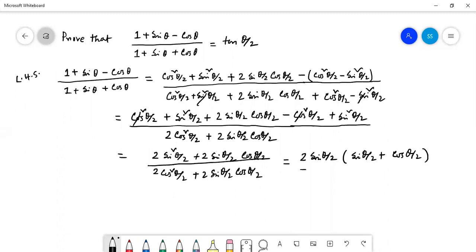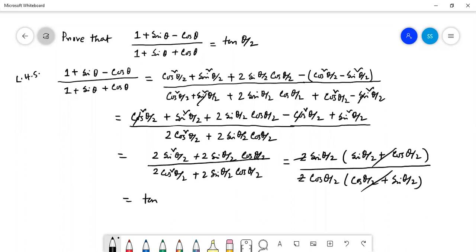Now if we take common 2 cos theta by 2 from the denominator, it will be cos theta by 2 plus sin theta by 2. That is tan theta by 2, which was our required right hand side.